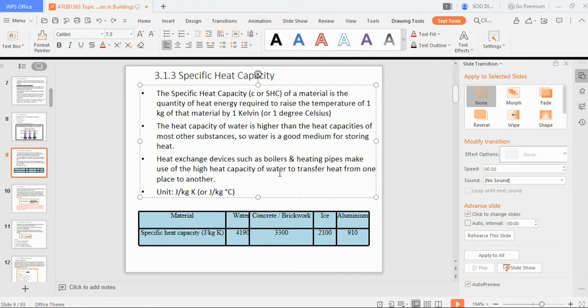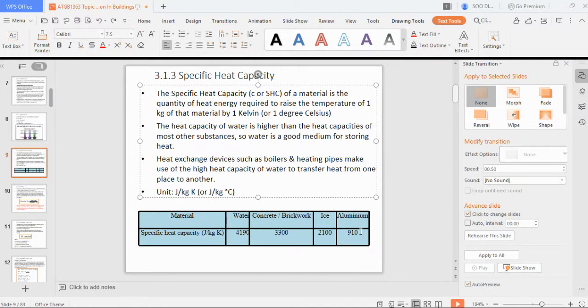So with a good specific heat capacity and a bad specific heat capacity, you can use the property to do different functions. If you want to heat up something, then you want a good specific heat capacity for the material. But if you don't want the heat to be transferred from one medium to another, then you want to choose a material which has a low specific heat capacity.